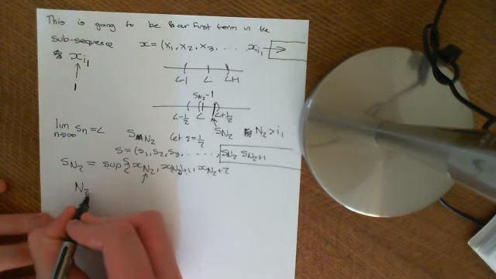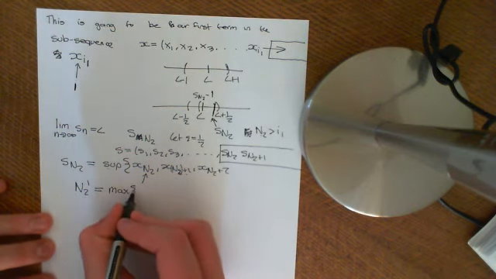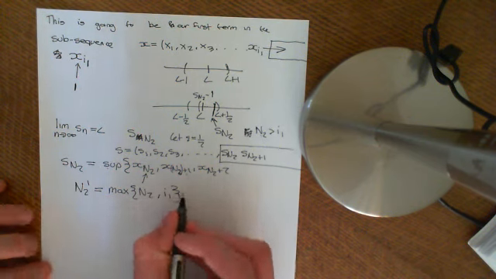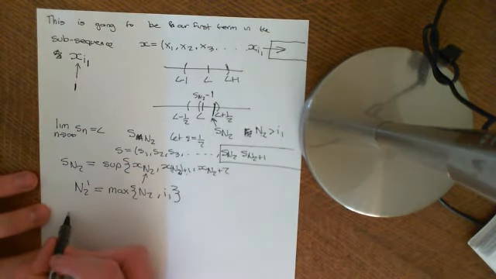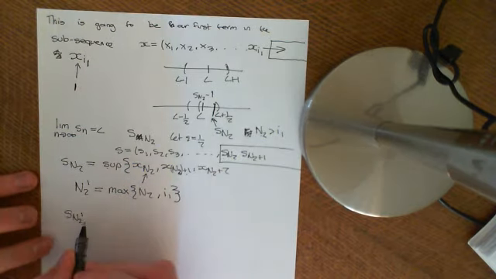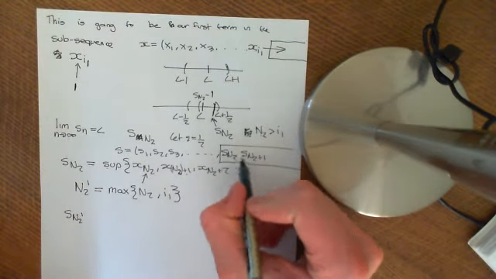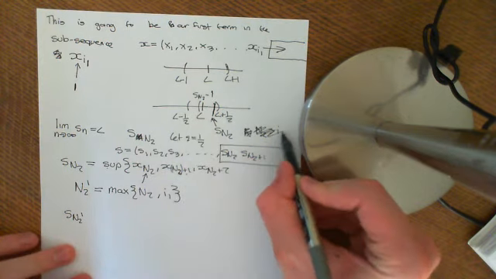Should we make N2 prime? I'm going to define N2 prime to be the maximum of N2 and I1, basically. So, what I'm actually going to do is, instead of looking at Sn2, I'm going to look at Sn2 prime, basically. So N2 is the point in the sequence S after which all of these points are within the interval. So get rid of this, basically.